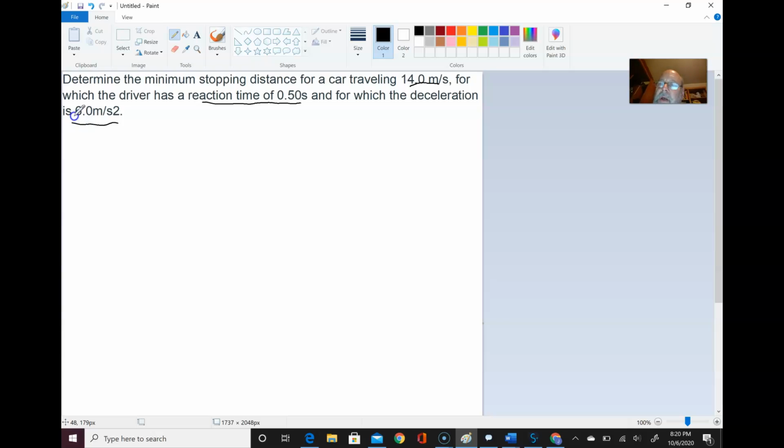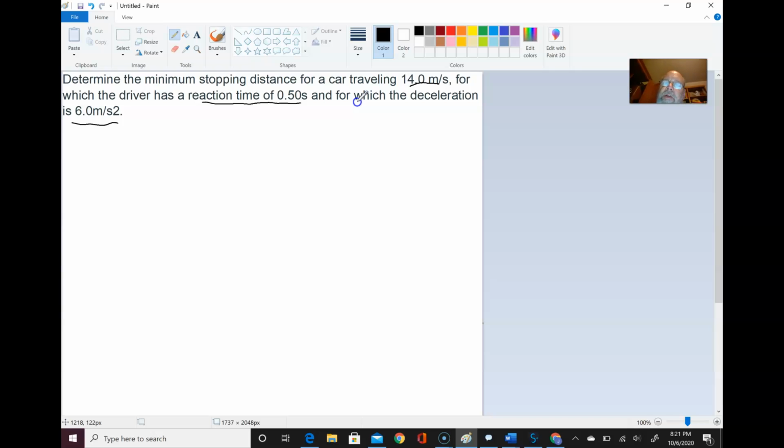Now we can look at this in a couple of different ways. We could figure out how far he went in the first motion using 0 as our initial starting point, and then say that the initial starting point for the second motion is the end of the first motion. I can go with that certain distance and use it for my initial position for the second part of the problem.